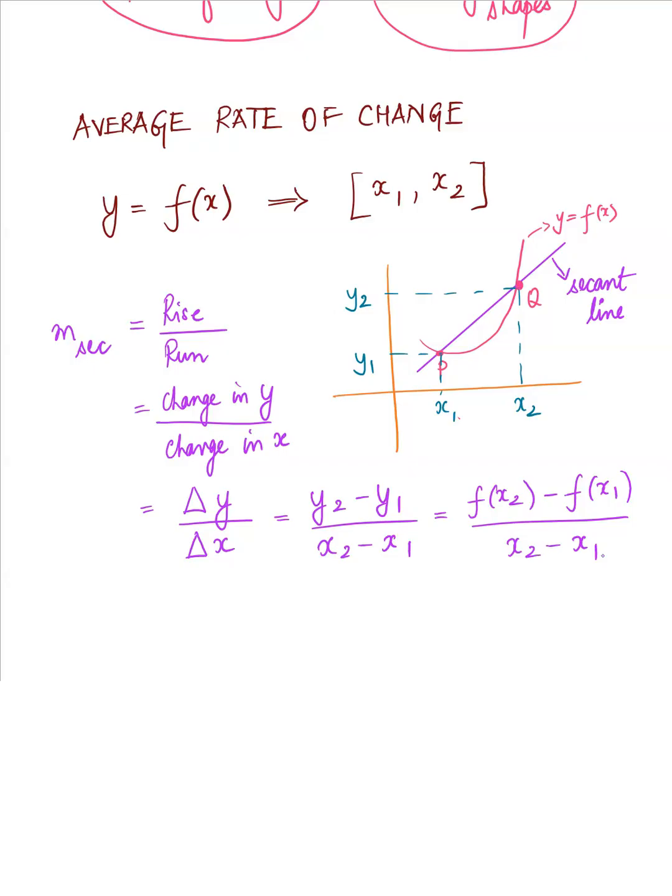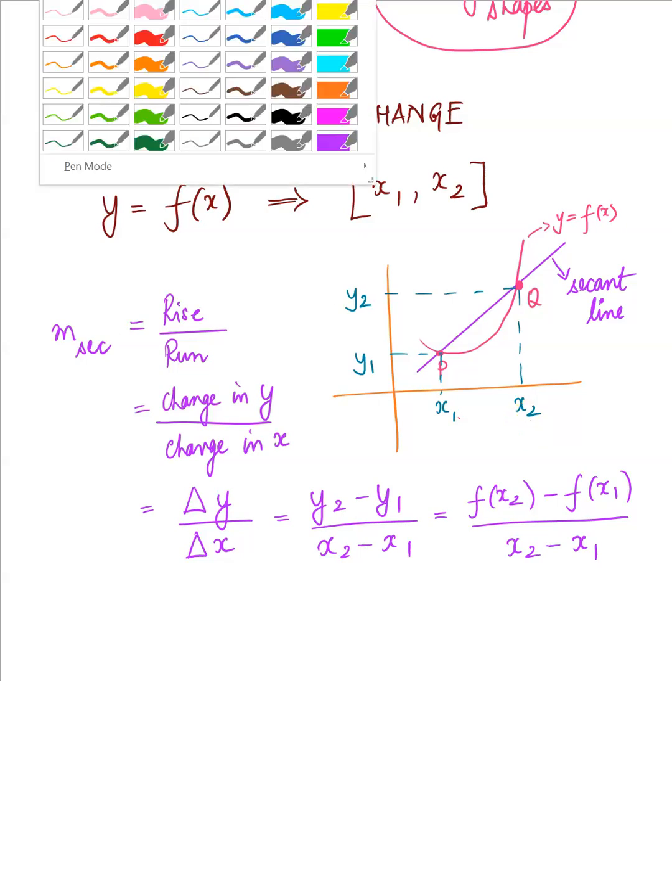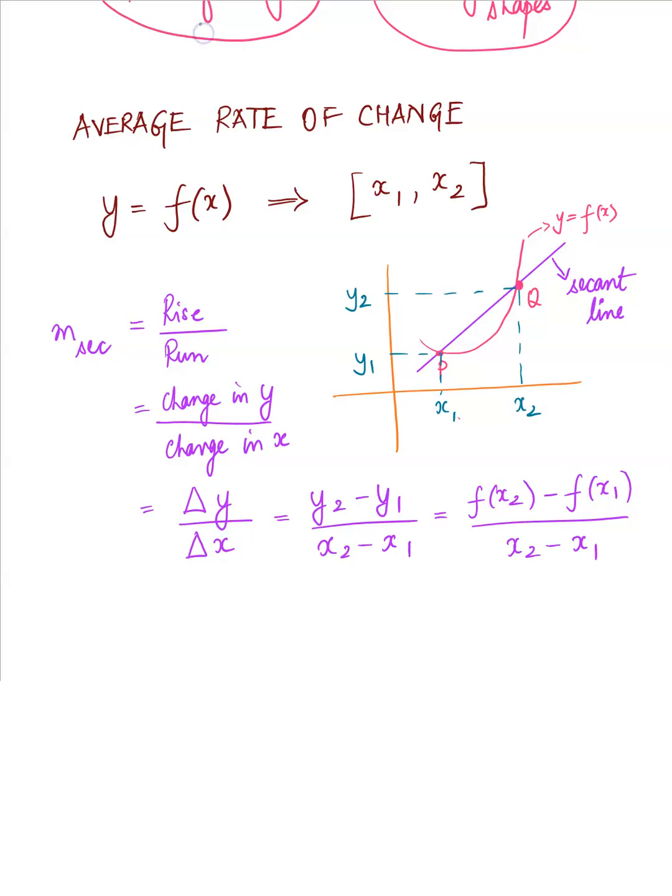Okay. Now, in calculus, what we'd like to do is view it slightly differently. By that, I mean that if I would consider, instead of x1 and x2, let me choose a quick color here. So instead of x1, I'll simply call it x. It's again blue, so that's not a good idea. We'll go with perhaps green. So I'm going to call this x1 as x, and this x2 will be x plus h.